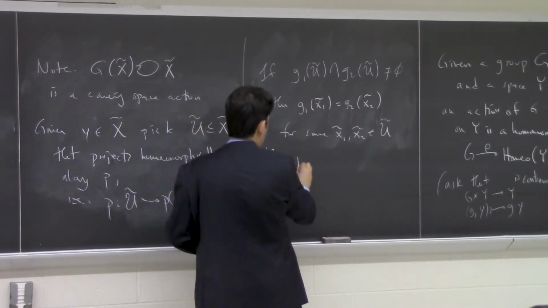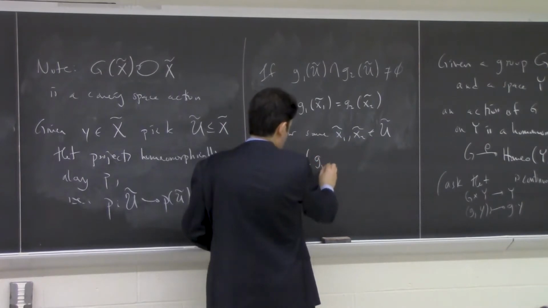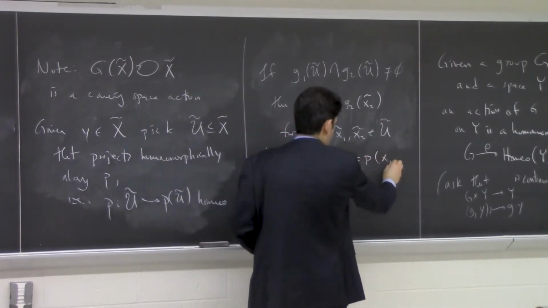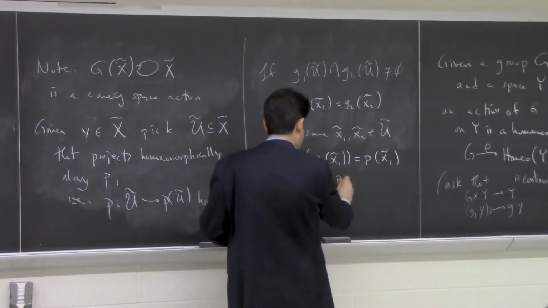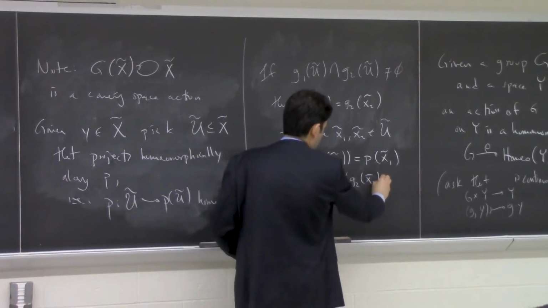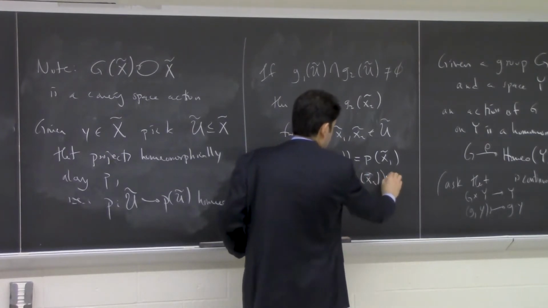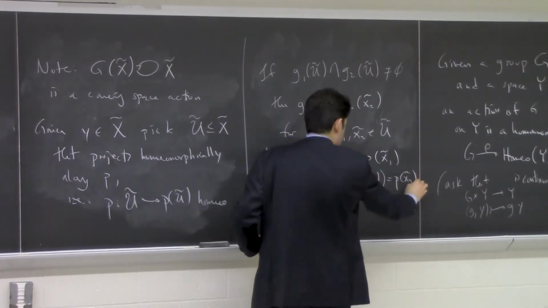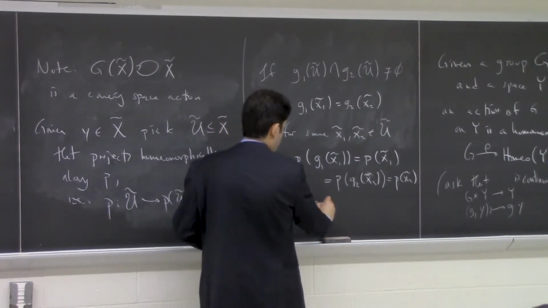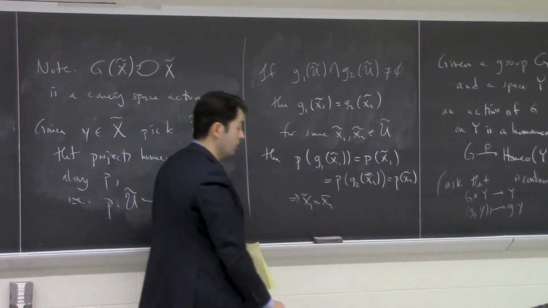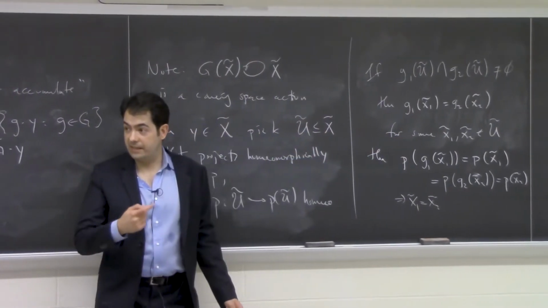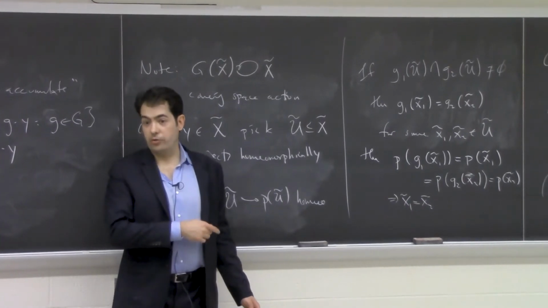But then P of g1 x1 tilde is equal to P of x1 tilde, which is the same as P of g2 x2 tilde, P of x2 tilde, and that tells us that x1 tilde is equal to x2 tilde. But then we have deck transformations that coincide at a point, so they coincide everywhere.